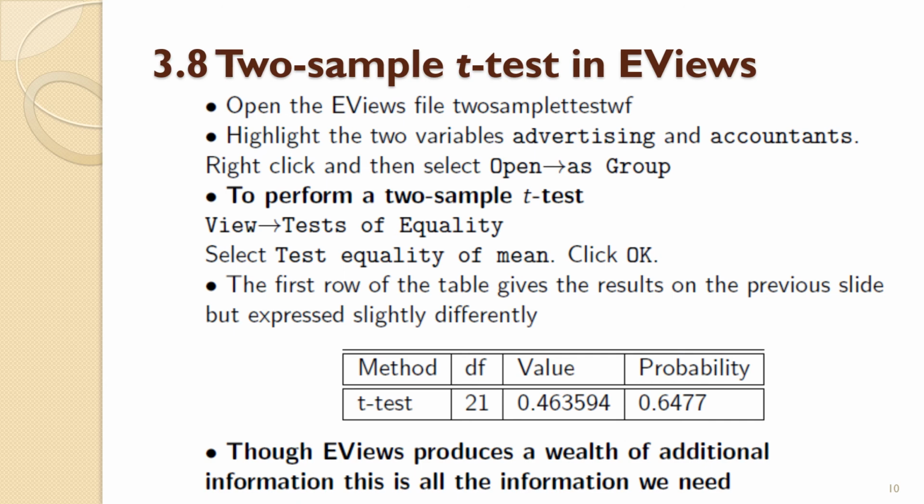What you'd have to do is view, test of equality, and then select test of equality, click OK, and then you get a whole set of results, but the first row of the table gives you the t-test, and it gives you exactly what we had before but expressed slightly differently.